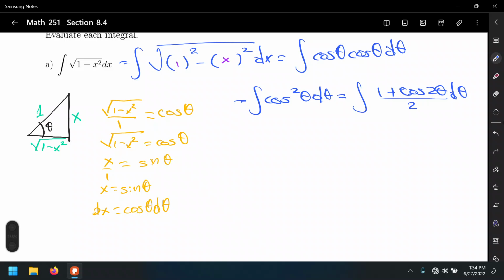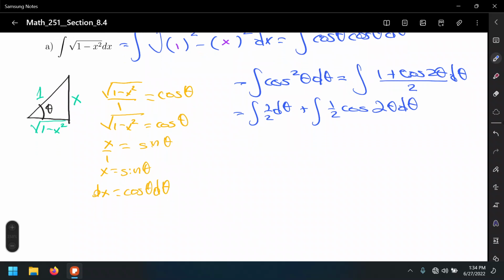Okay. So from here, let me split it into two integrals, because this is 1/2. This will be the integral of 1/2 d theta, plus the integral of 1/2 cosine 2 theta. Well, the integral of 1/2 d theta is simply 1/2 theta.